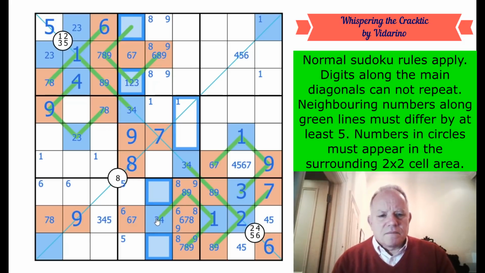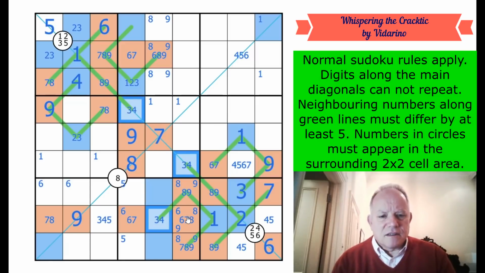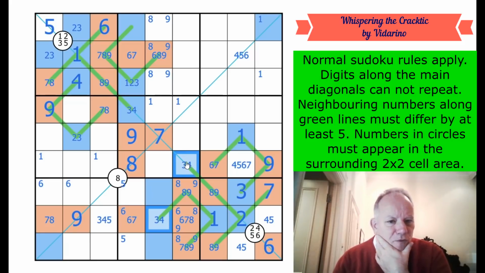Oh, is there some combination between this and these that doesn't work? Yeah, that's interesting. 1 or both of those has to be a 3 because these can't both be 9s. 1 or both of those has to be a 3.